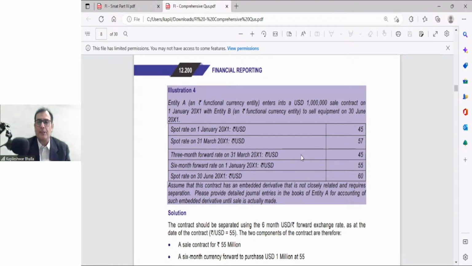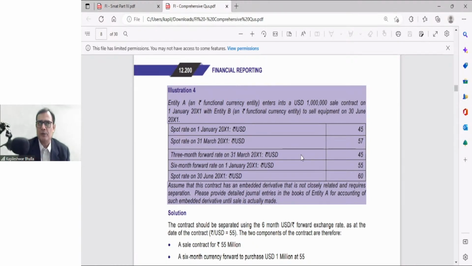In this particular case, I have not entered into any forward contract. Mind the words carefully. I have not entered into any forward contract. But the question is giving us the information about the forward rate as well. It is giving me information, but I have not entered into any forward contract.